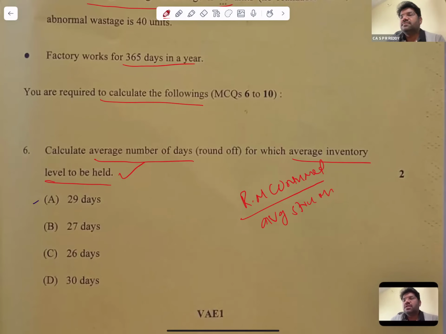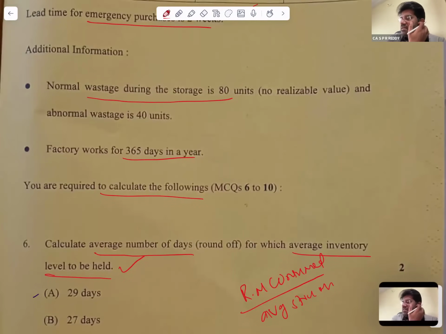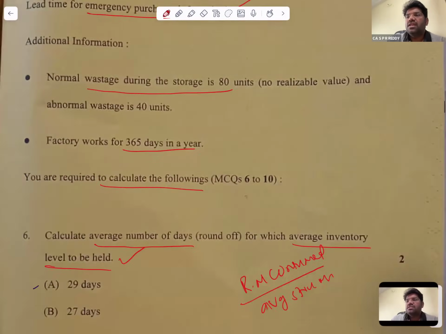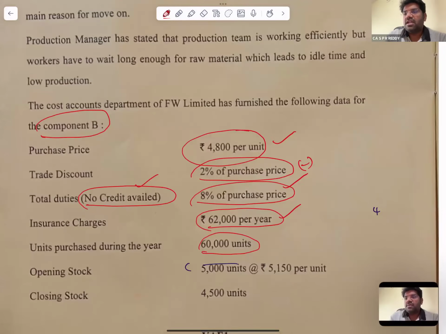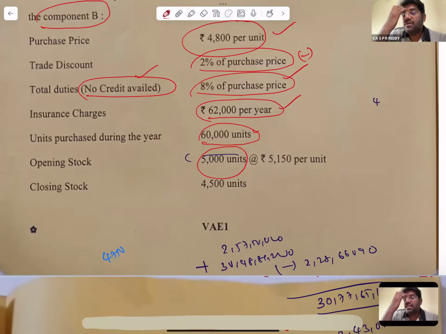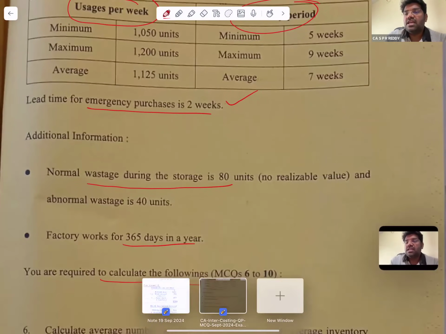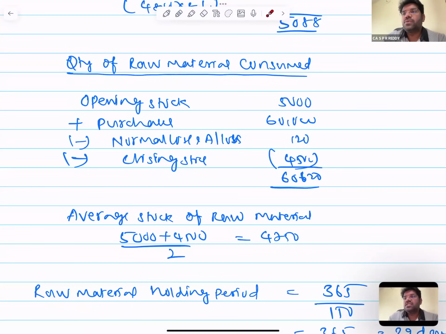For getting the raw material consumed, we can calculate first: opening 5,000, purchased 60,000, minus closing 4,500, minus normal loss and abnormal loss. We got 60,620. This is your raw material consumed.